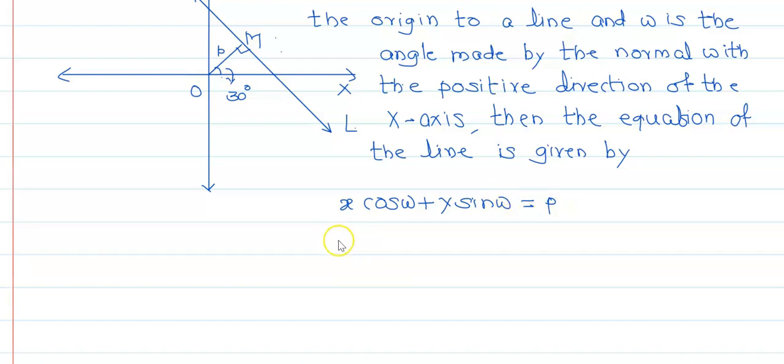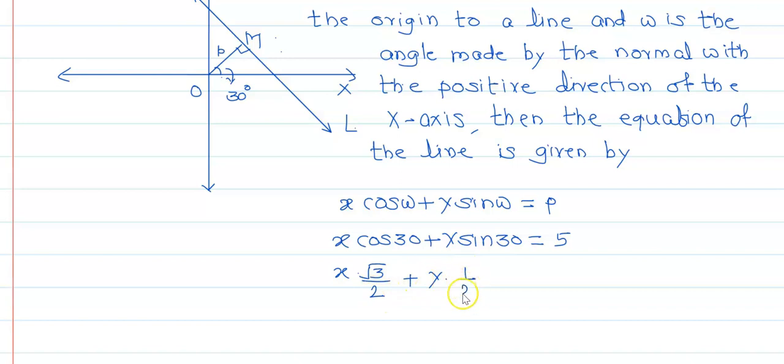Now substitute the values: x cos 30 plus y sin 30 is equal to P. The value of P is 5. Cos 30 is root 3 upon 2, sin 30 is 1 upon 2, equal to 5.